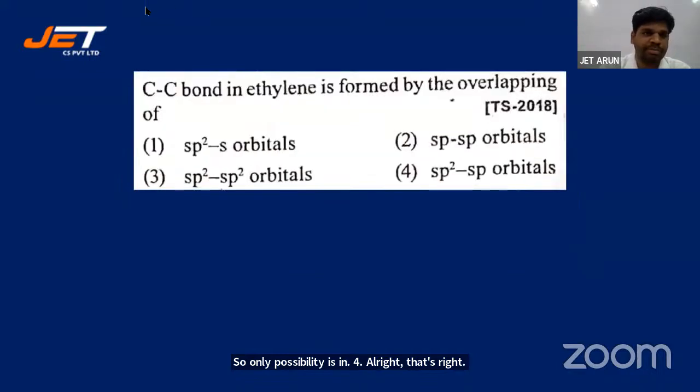Okay, here is the next one. The C-C bond in ethylene is formed by the overlapping of: sp2-s orbitals, sp orbitals, sp2 orbitals. The C-C bond in ethylene, students.